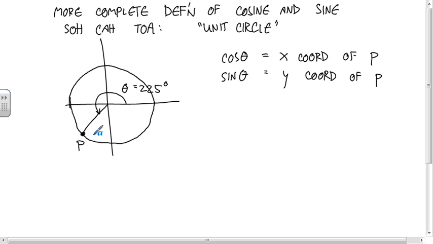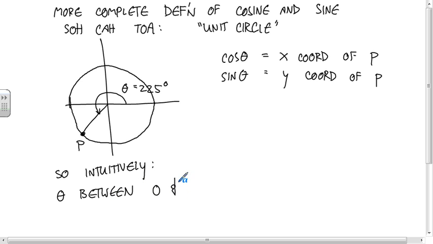And so that tells you, let's say intuitively, that if theta is between 0 and 90 degrees, the cosine and the sine, should they be positive or negative? Positive.